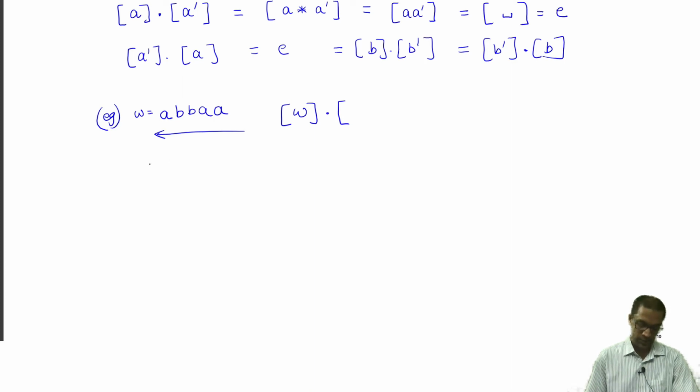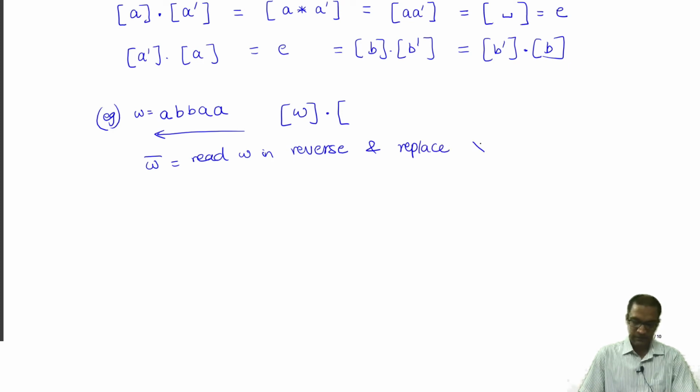So here's the prescription for the inverse of W, let me call it W bar for now: read W in reverse and replace each letter by its dash.